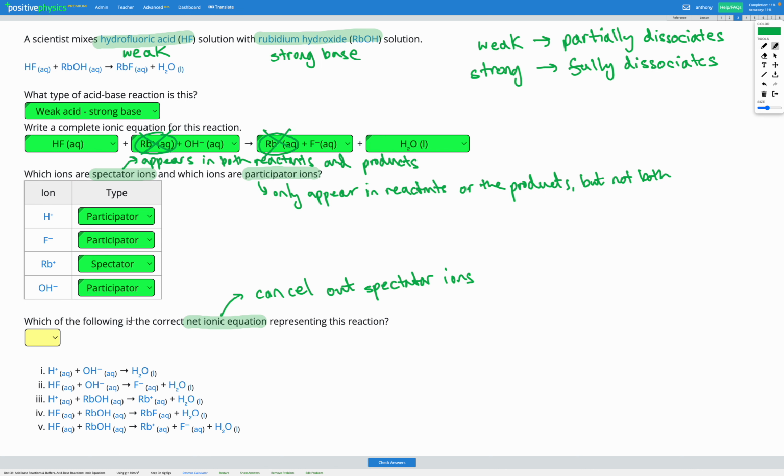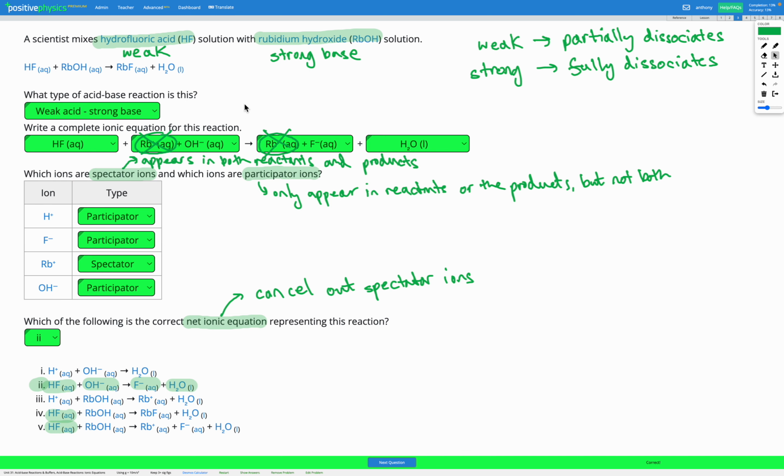So we should have HF, which appears here. We should have no Rb plus, but we should have OH minus, which appears here. Then we should have in the products no Rb plus, but we should have F minus, and we should have H2O. So that makes 2 the correct net ionic equation representing this reaction.